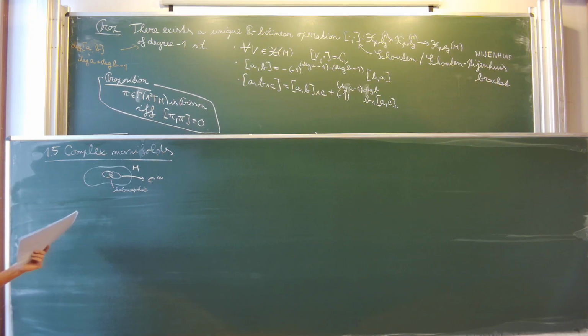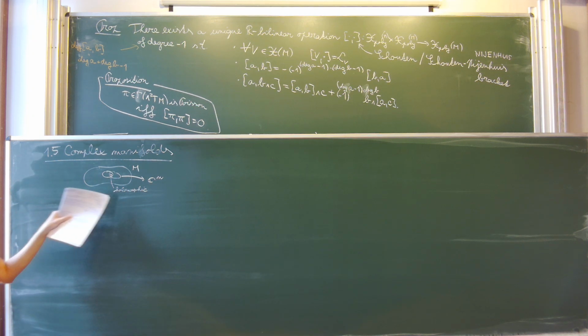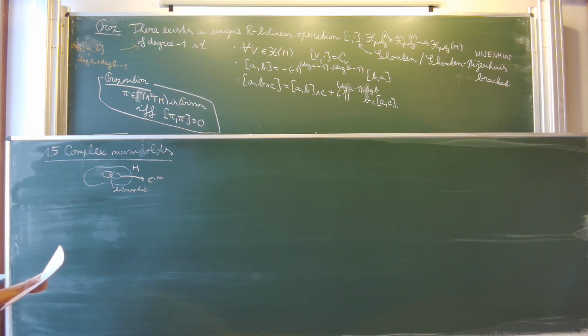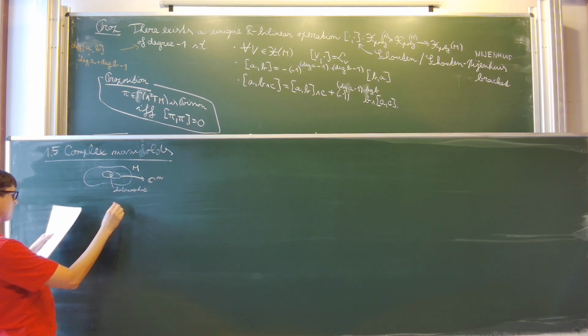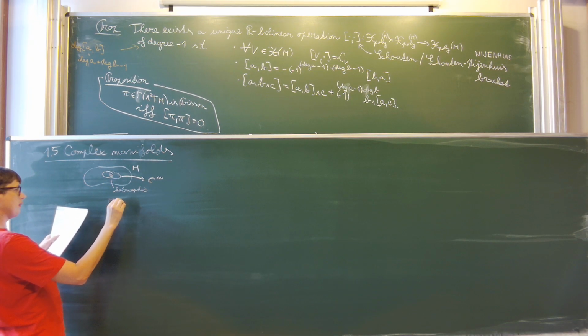Although this sounds like a very mild, very small step from smooth manifolds, it's actually a very big step, because these things behave very differently due to the fact that they don't have partitions of unity. The holomorphic functions are kind of difficult or uninteresting. And typically you want to describe this with a different color for purposes that will become clear later.